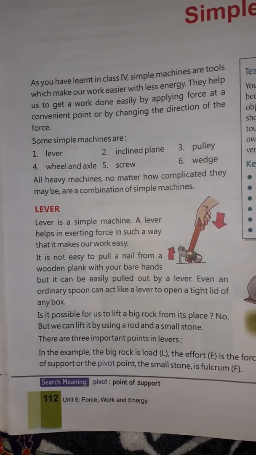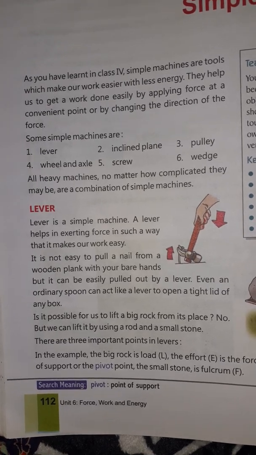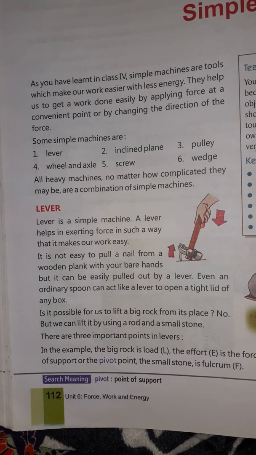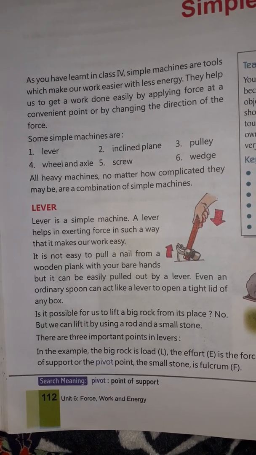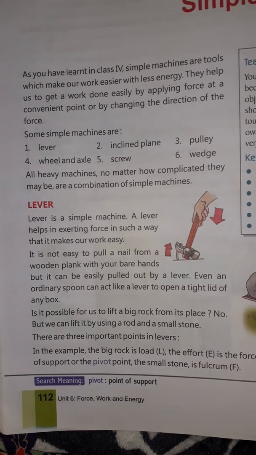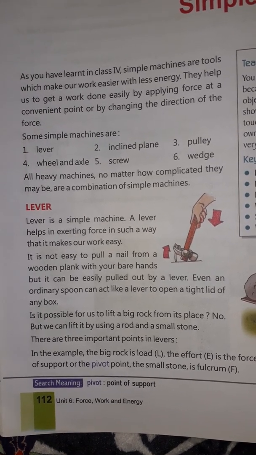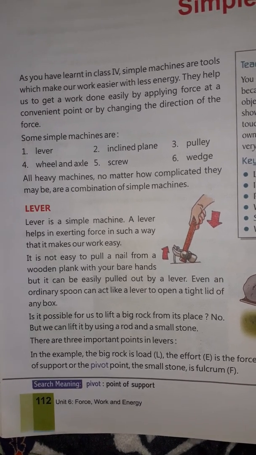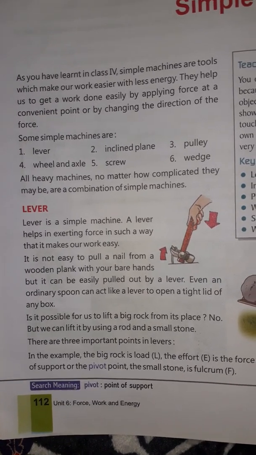So a simple machine makes our work easier by applying the force in a correct direction at a correct point, or by changing the direction of the force which we are applying on any work or any object.